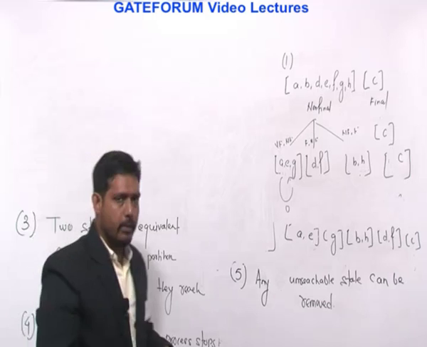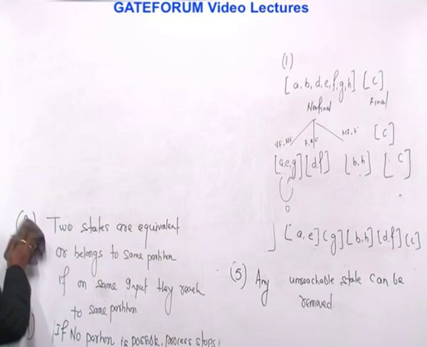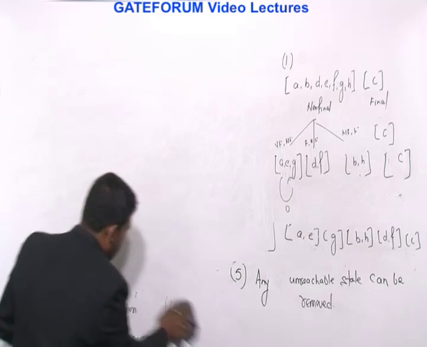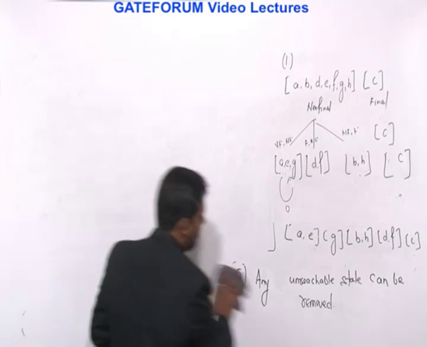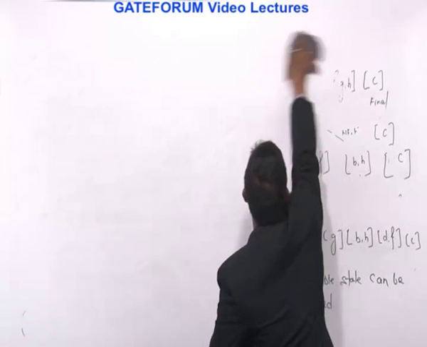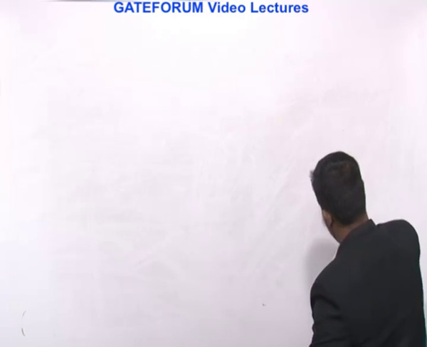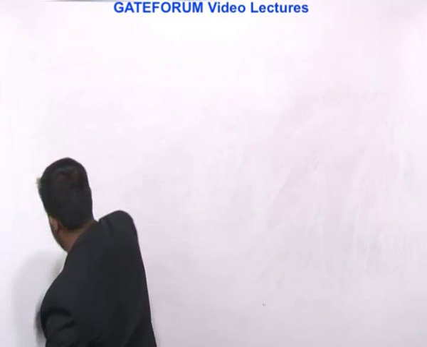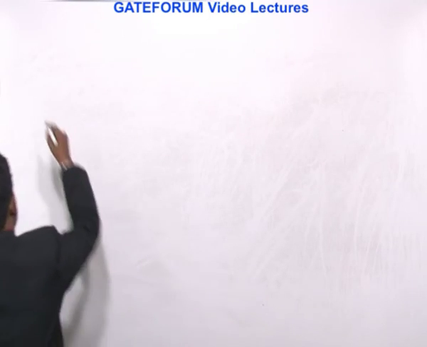Just complete it now, and verify whether the DFA consists of the minimum number of states or not. In the meantime I'll complete this one.